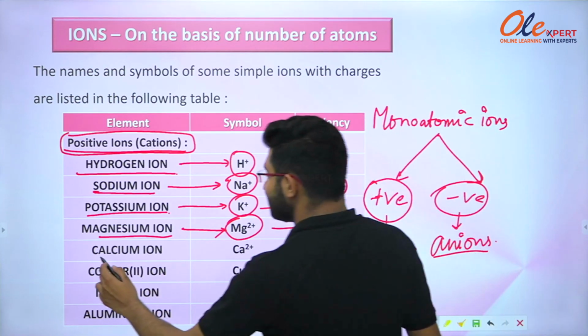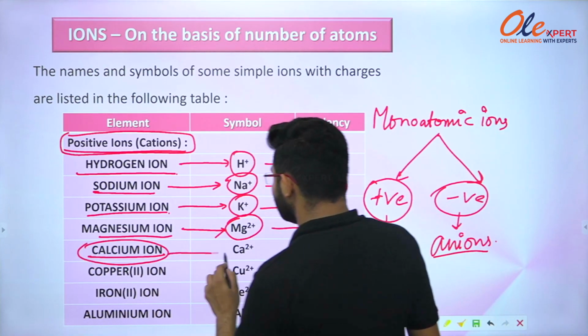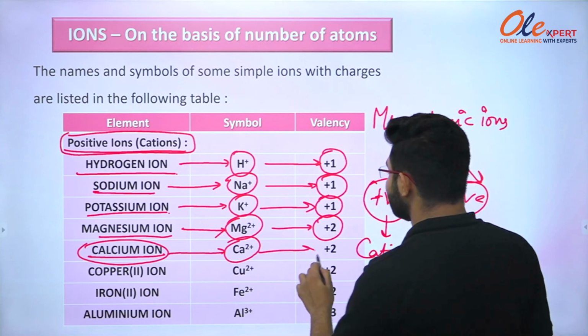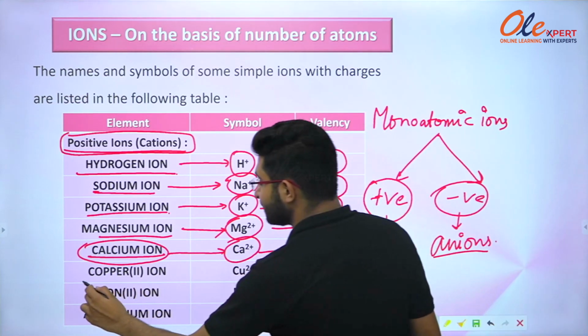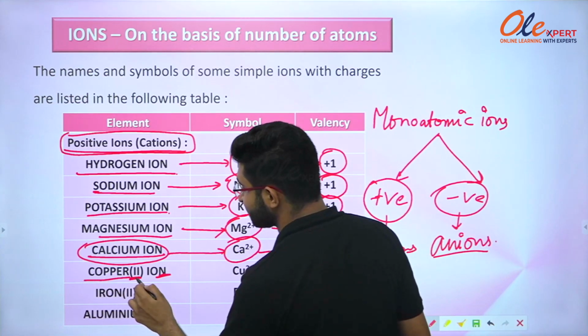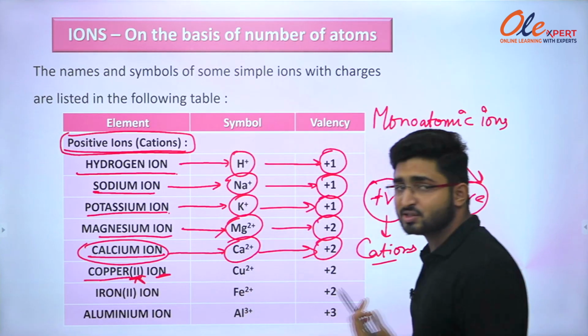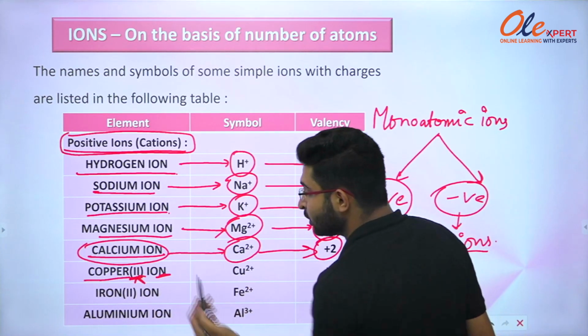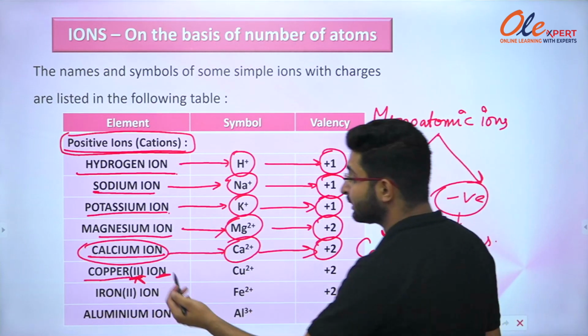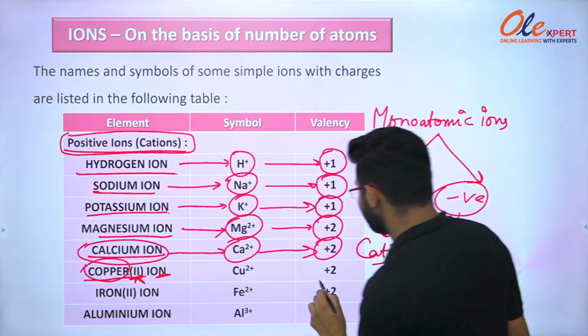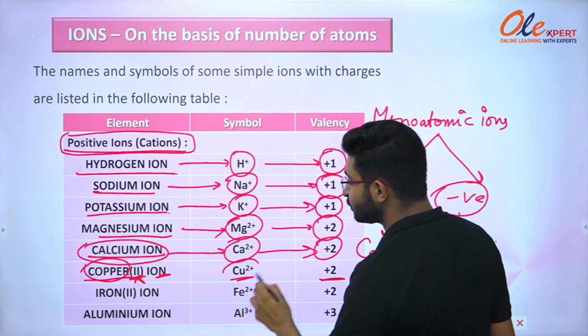Now you can see calcium ion's symbol is Ca2+ and its valency is +2. The next one is copper(II) ion. Because it is written second here, you can know by the Roman numeral that the valency stated for copper is +2 and the symbol is Cu2+.